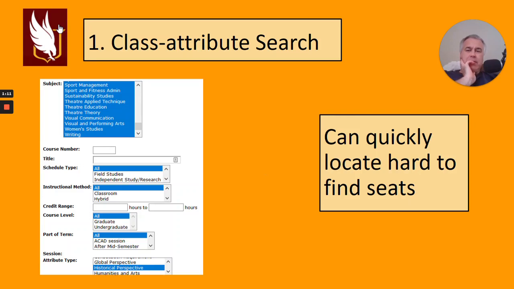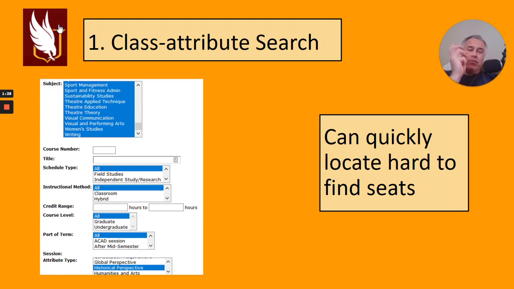Okay, so the class attribute search is this trick where you highlight all the subjects and then you highlight just one attribute and it'll show you, for example, all the global history, all the historical perspectives, all the global perspectives, all the classes in one specific category, like a gen ed category, that you want to get.